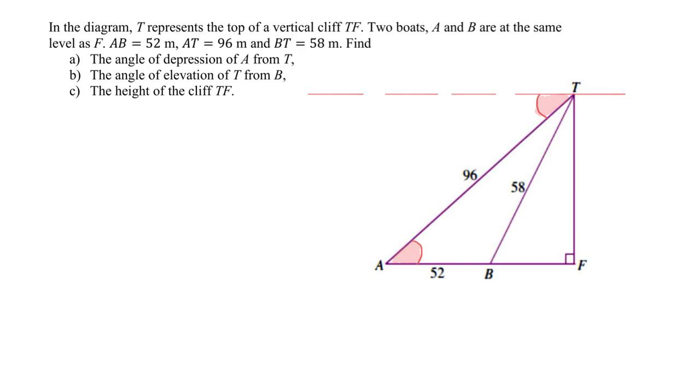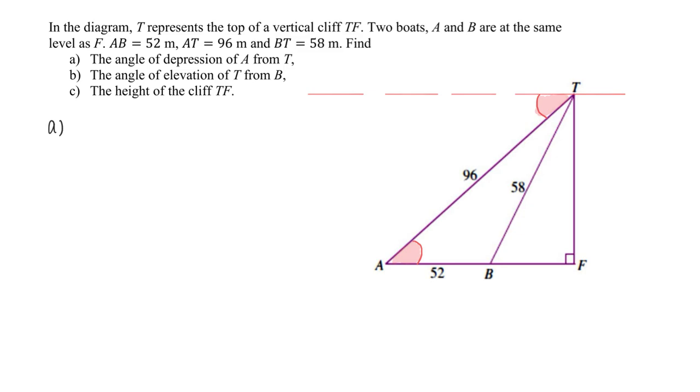At this point, let's take a moment to think about what we can use. Sine rule, cosine rule? Cosine rule, yes. So the key to part A is the cosine rule. So for part A, I will need to find cosine of the angle, applying the cosine rule.